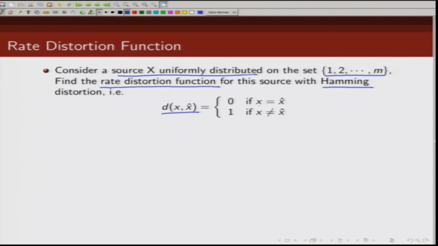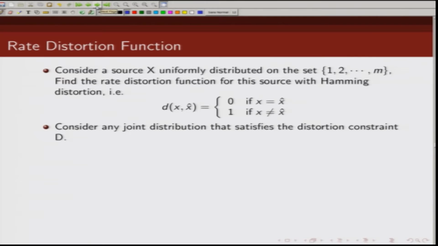If x is equal to x hat, the distortion is 0, and if x is not equal to x hat, distortion is 1. Now consider any joint distribution that satisfies this distortion constraint of D.